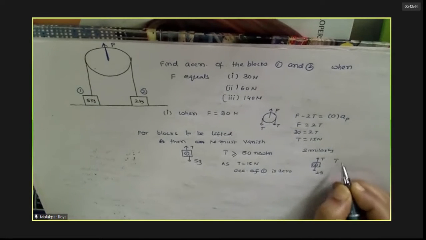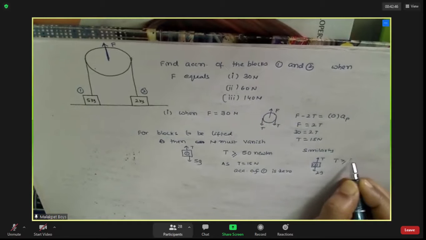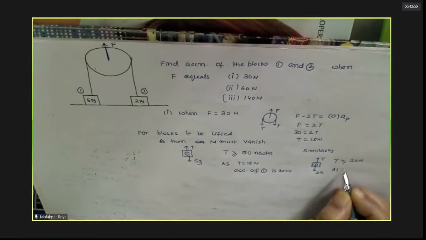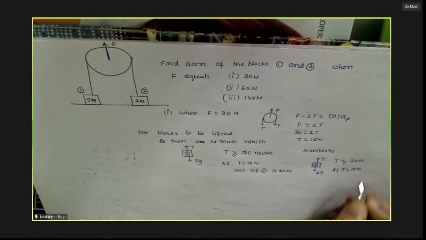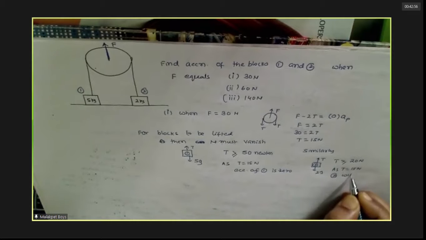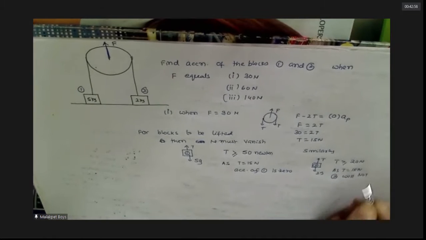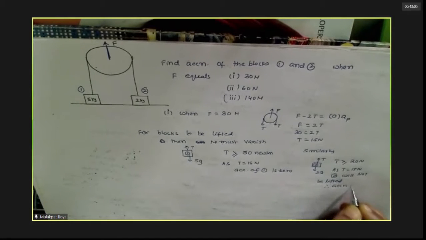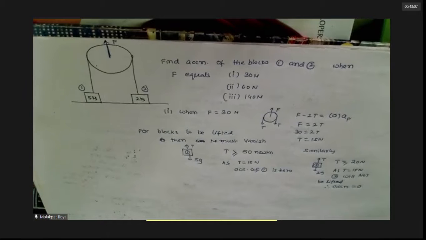So T must be greater than how much? 20 newton. As T equals 15 newton, the block will not be lifted. When it is not lifted, what is the acceleration of that? Understood this? Any doubt till here?